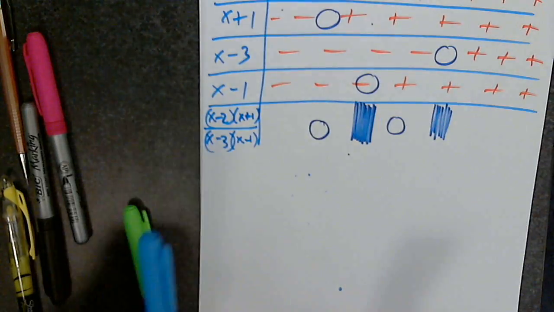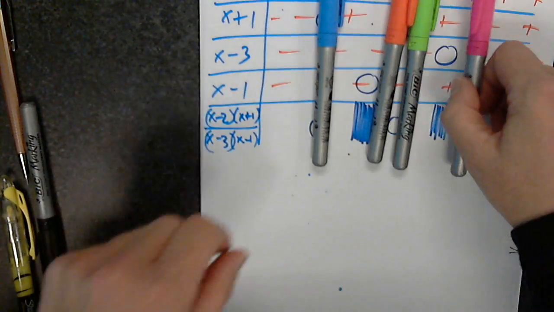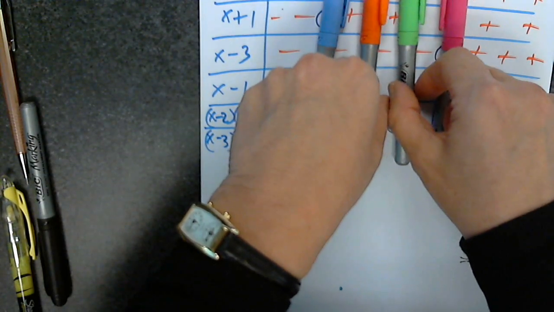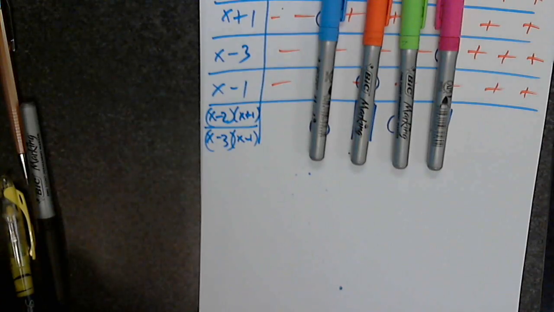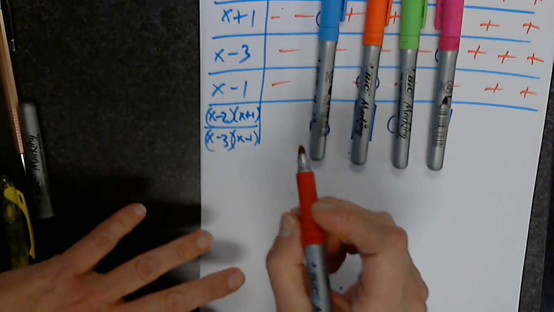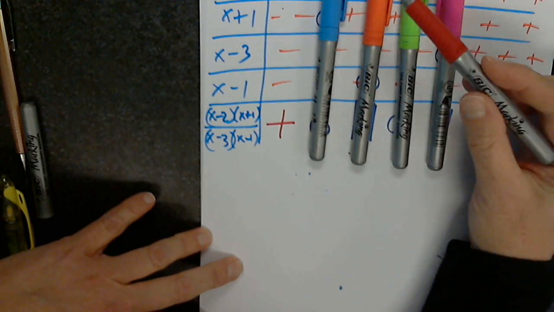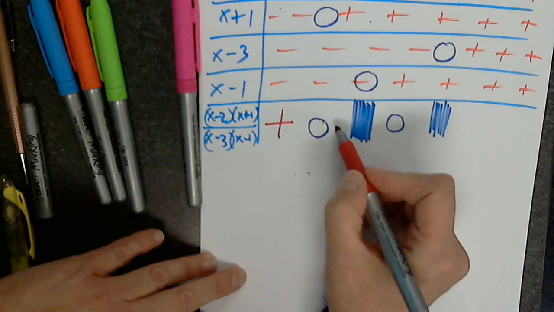I see that now I have 1, 2, 3, 4 subintervals. Okay, ready? On the first subinterval, I count 4 negatives, sign. On the next subinterval, I count 3 negatives. 1, 2, 3.